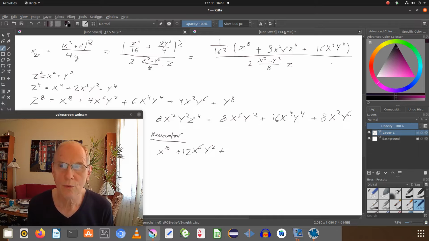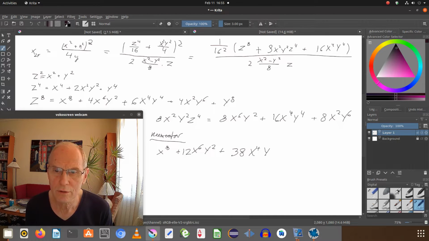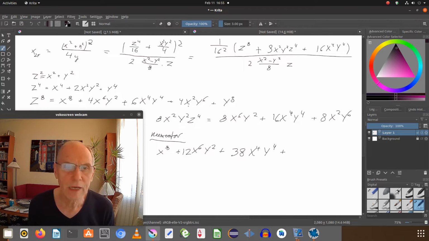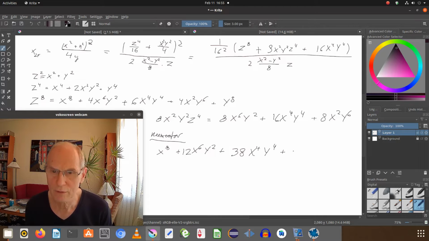And 4th, it's 16, and 6, that's 22, that's 38. And then x to the 2nd, 4 and 8, that's 12. It's symmetric, that's nice. And then finally x to the 8th.